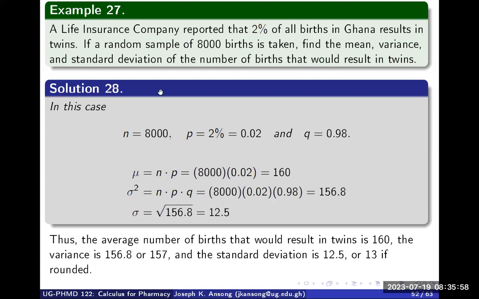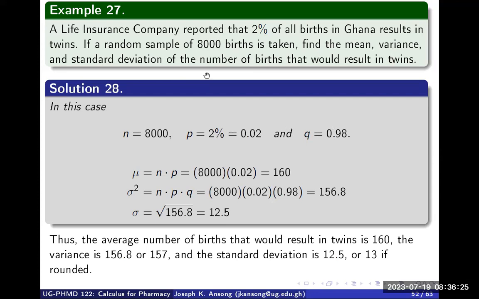So in this case, the total number will be the number of trials, so 8,000 deaths. They said that the probability of twins is 2%. So probability is 2 out of 100, which is 0.02. And then the failure, of course, will be 1 minus this, which is 0.98. So we have the numbers that we need.